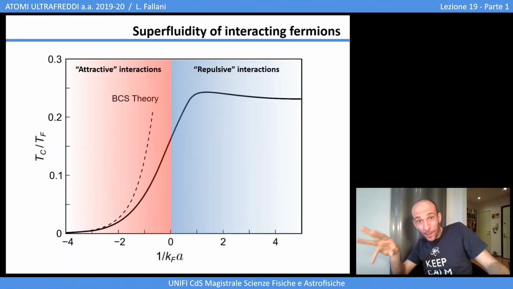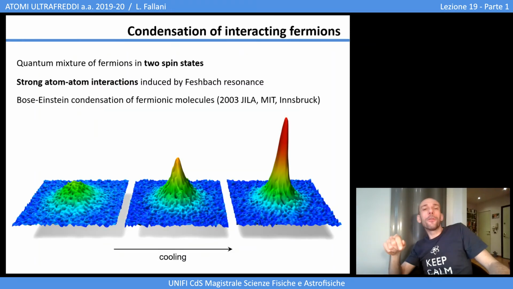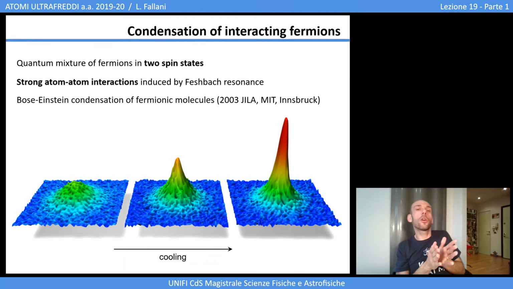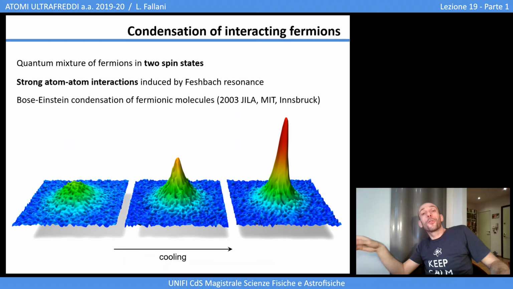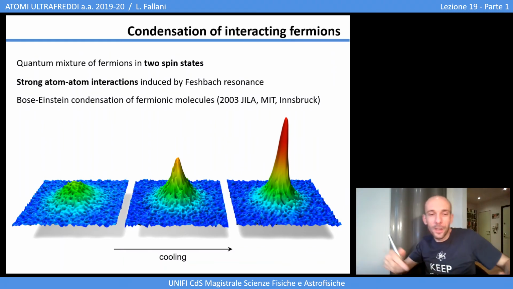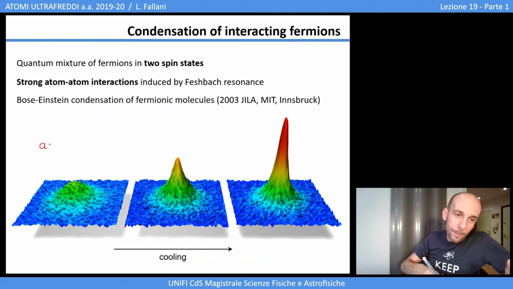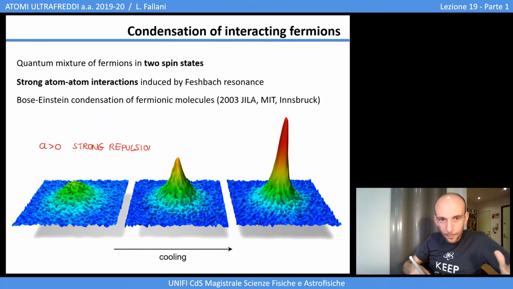In order to try to explain what's happening here, let me tell you that this happens when the interactions between the particles are strong, and in particular it happens when you use a Feshbach resonance to change the interactions between the fermions. And these images refer to the condensation of fermionic pairs when you have a repulsion between them, and in particular when you have a strong repulsion, so for very large values of positive scattering length.